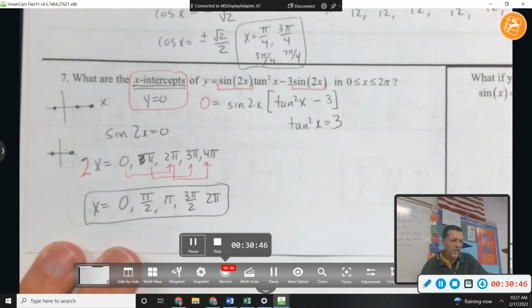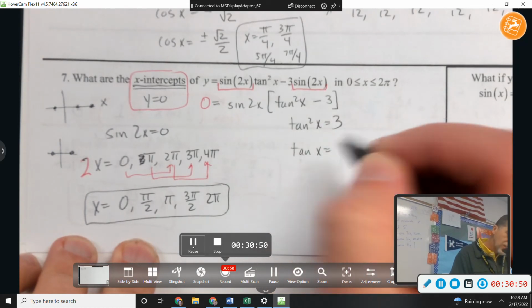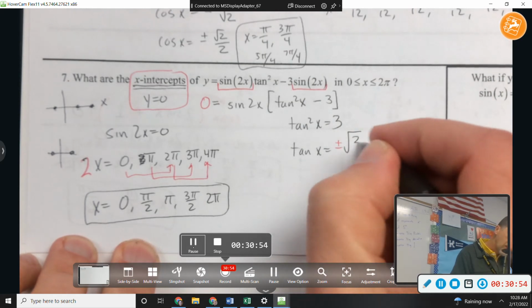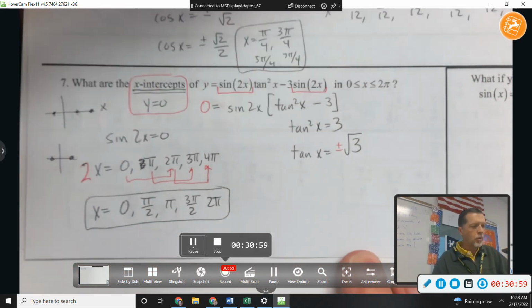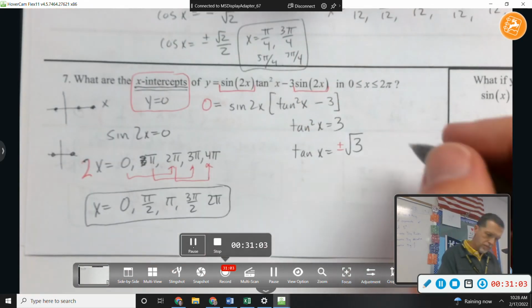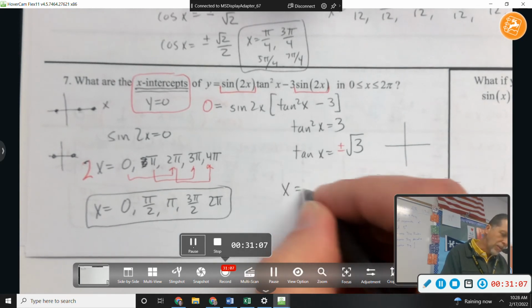On the second part, square root both sides. Don't forget the plus or minus. But again, you start to like the plus or minus because it means you don't have to worry about quadrants. It's all the quadrants. What's the tangent 3 trick? What's my denominator going to be?